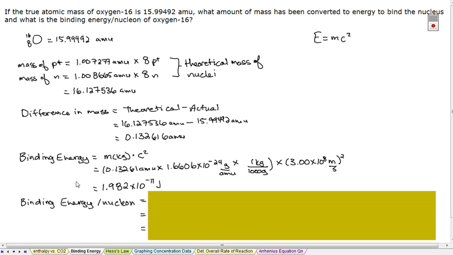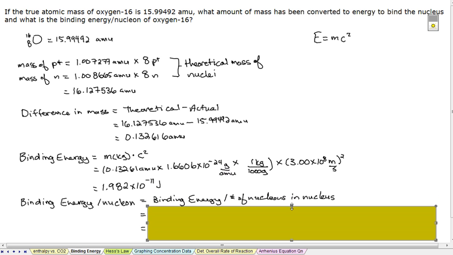And that's just the energy that would be released if we were to split the entire atom apart. Now, in most nuclear reactions, you don't actually split the entire atom apart. You might knock off some neutrons or protons, but you typically don't obliterate the entire nucleus into all of its parts. So let's take a look at the binding energy per nucleon.